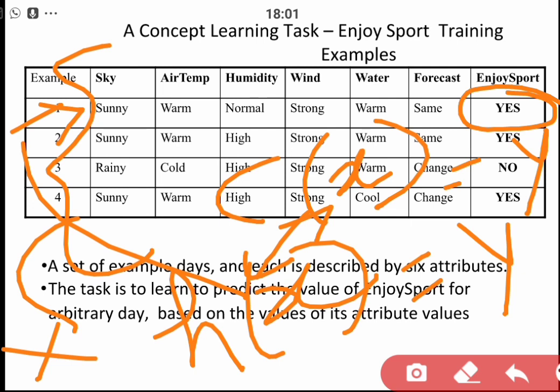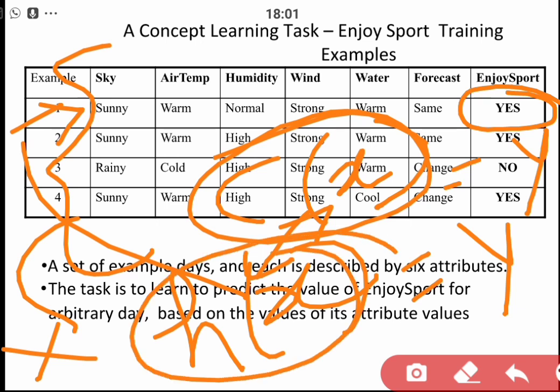We don't know what our actual function is, we don't know what our hypothesis is, but we try to approximate our hypothesis nearly close to the target function by searching from a huge set of possibilities, a huge set of hypotheses, to reach our target concept without having knowledge of the target function.